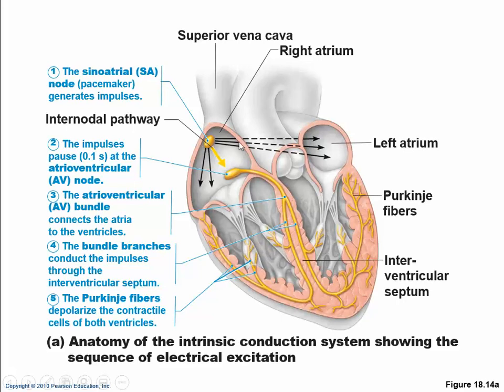This delay allows the atrium to contract and push the last bit of blood into the ventricle, and then start to relax before the ventricle starts to contract. You'll also notice that the first part of the ventricle to contract is the septum, because it gets the impulses first.